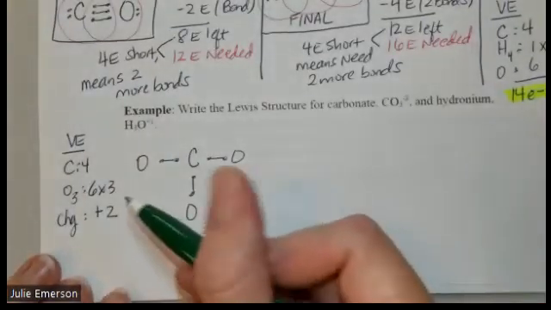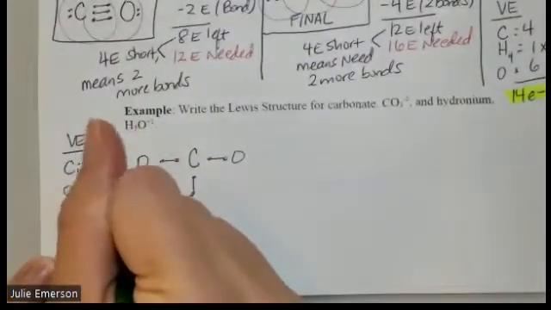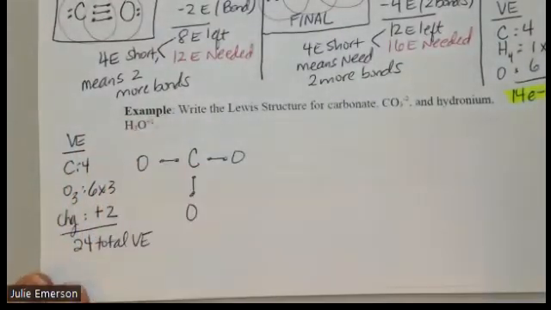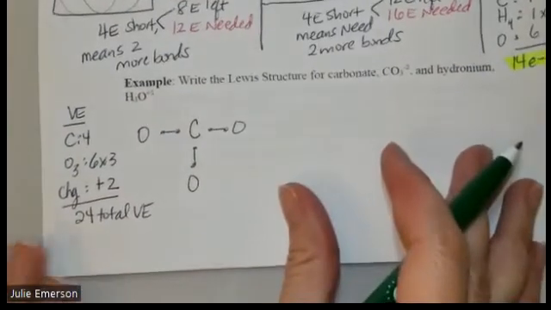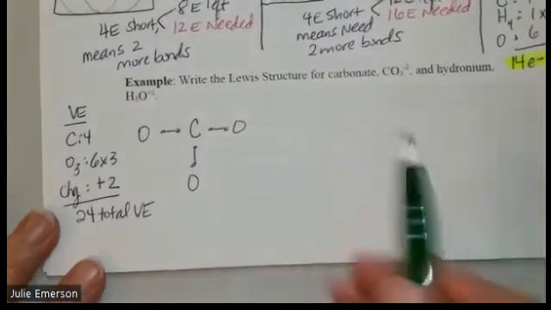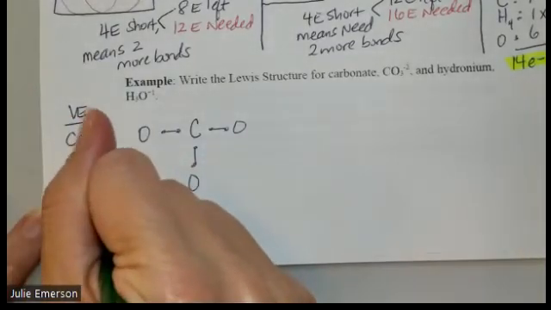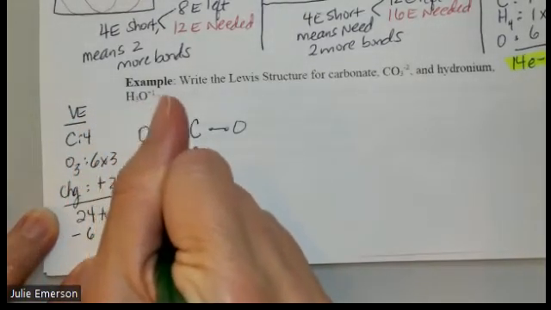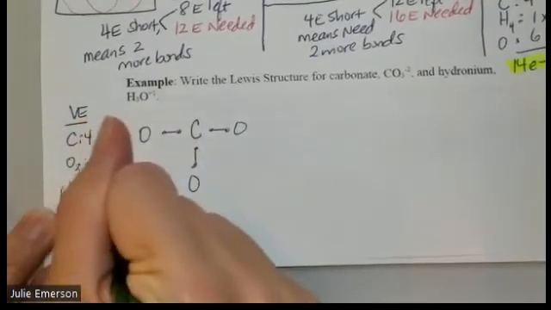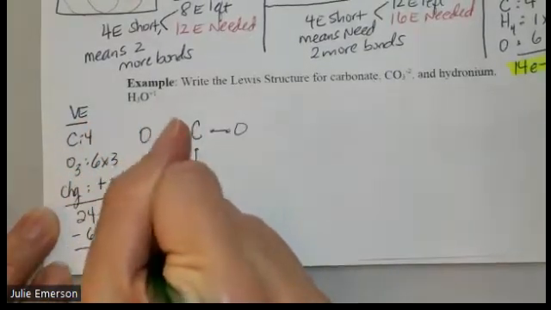So 18 plus 2 plus 4, I have 24 total valence electrons. Again, that's my number, no more, no less. I have to use 24. I've used 6 in the 3 bonds that I have so far, so I have 18 left over.